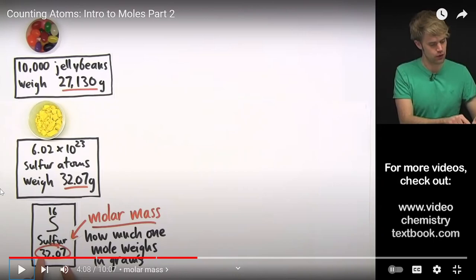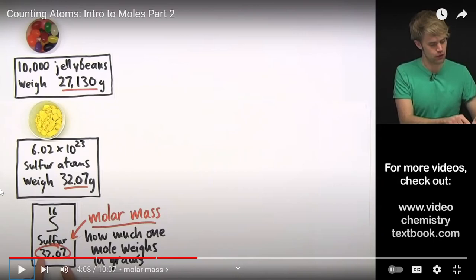But if I have 6.02 times 10 to the 23 sulfur atoms, that's going to have a mass. The number is still 32.07, but what's my unit now? Grams.